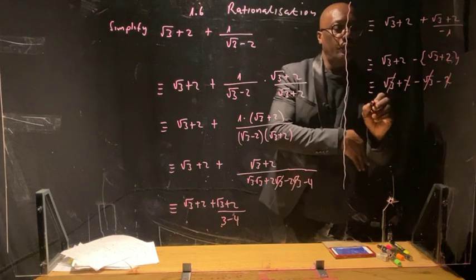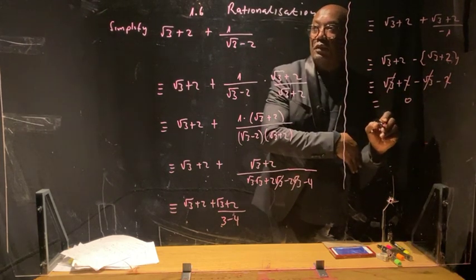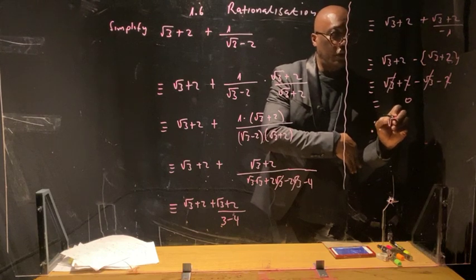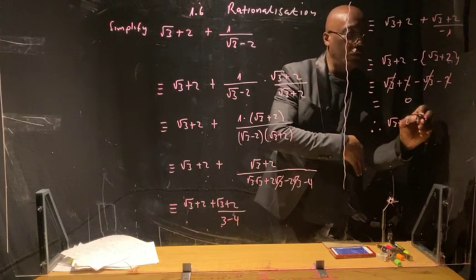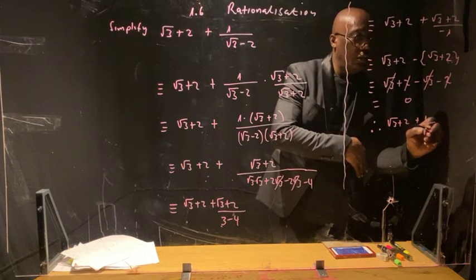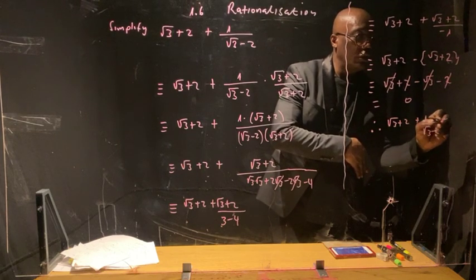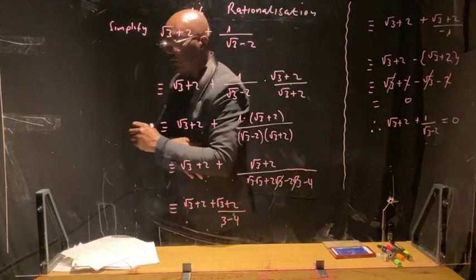So you are left with 0. Therefore, the given expression, root 3 plus 2 plus 1 over root 3 minus 2, is equals to 0. That should be the final answer.